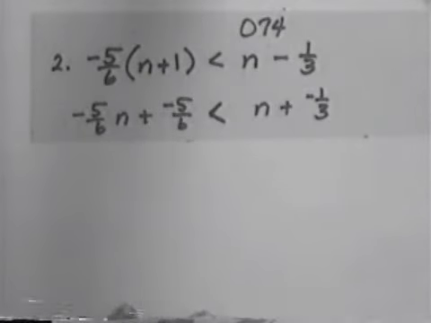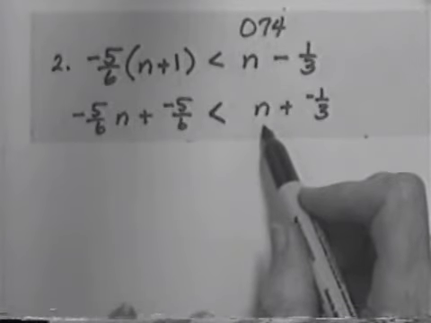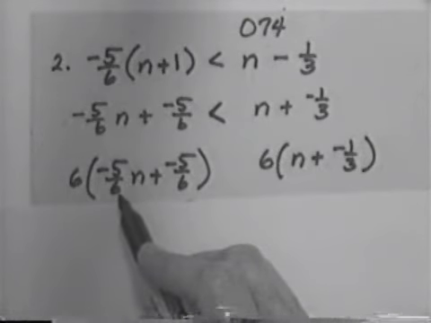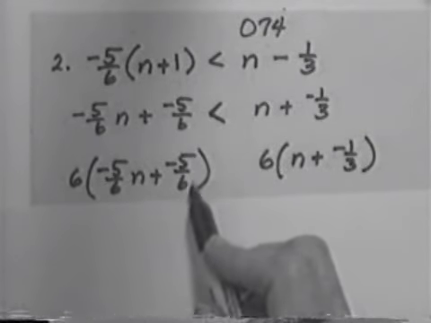Now we have fractions. We can eliminate fractions by multiplying by the common denominator. Our fractions have denominators of 6, 6, understood 1, and 3. Common denominator is 6, so let's multiply both sides by 6. 6 times, in parentheses, negative 5/6n plus negative 5/6.